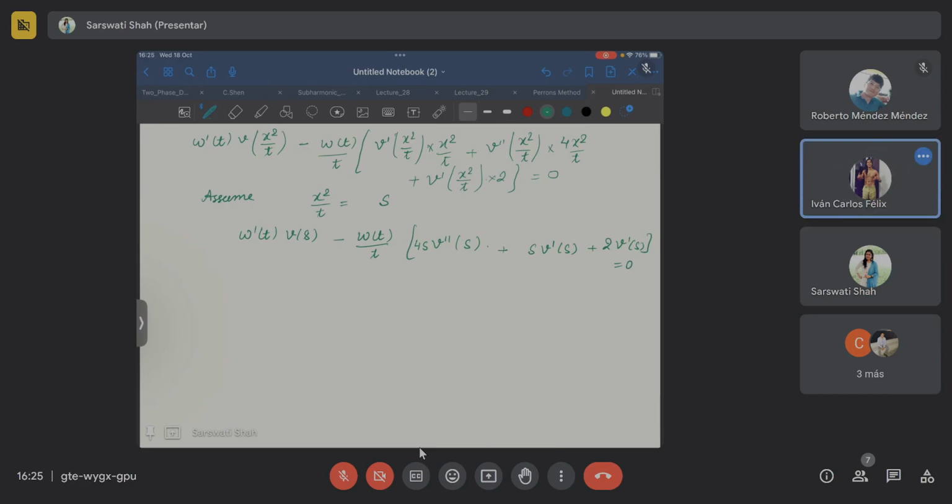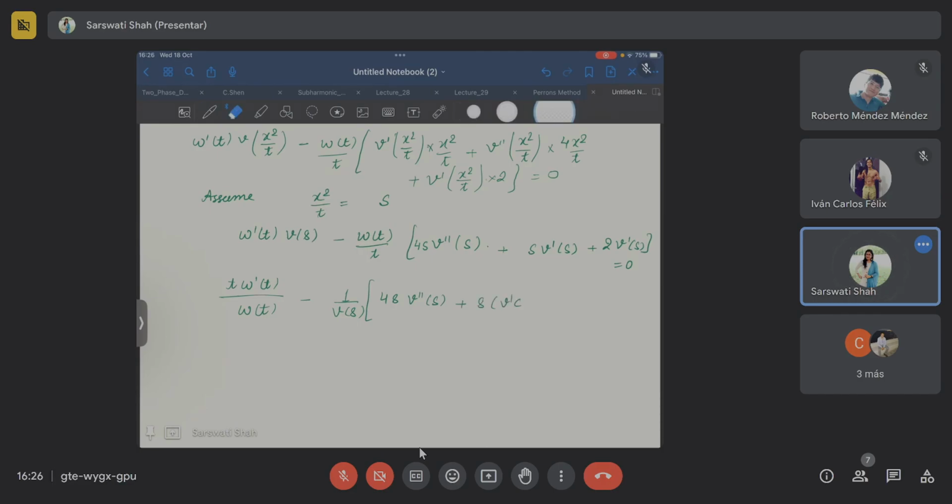I don't know. The thing in brackets has some form. You cannot see that. It can be written as t w dash t over w t minus, just send it this side. Oops, sorry.